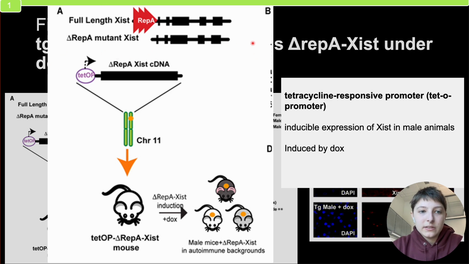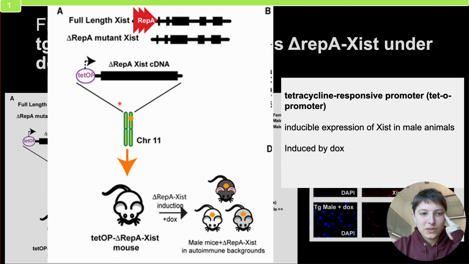So they took this sequence and they added this specific promoter. The TET-OP is a promoter that is only activated when the, what is it? When, give me a second, sorry. Oh, doxycycline.